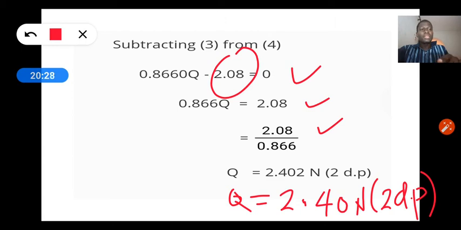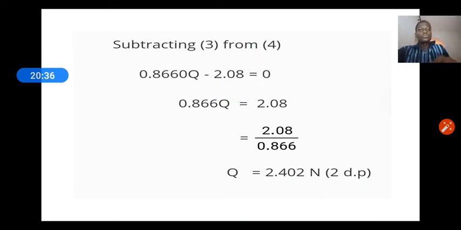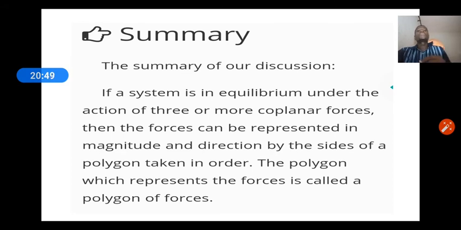In our next class, we are going to be talking about rotational equilibrium. Good. So this question is sufficient for us to know what polygon of forces is all about. It led us to use simultaneous equations that all of us are conversant with. So basically what we have discussed in this class today is polygon of forces.